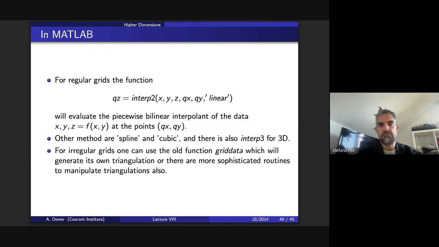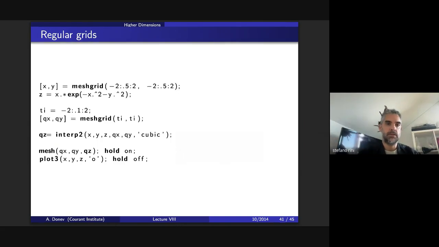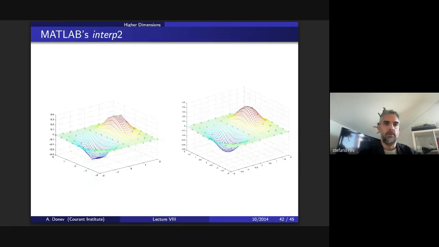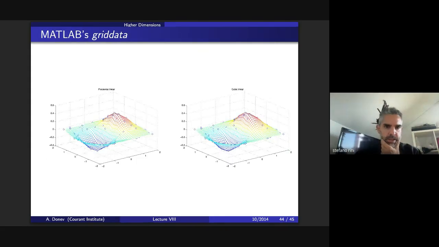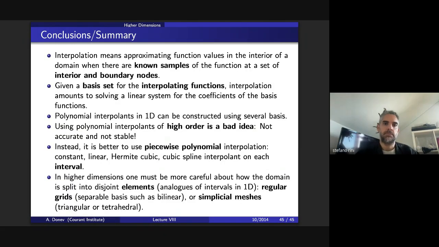Of course, there are many numerical ways of doing this, using regular grids. This is what happens in MATLAB, right? So here you choose again this saddle function, and you ask for interpolation, and you see that the interpolation is nice and cute. And of course, if you move to a quadratic interpolation, you obtain something like this. I think it's very regular.